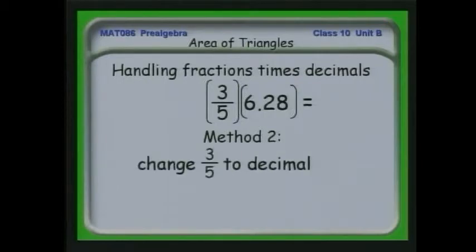The second method is just to change 3/5 or whatever that fraction is to a decimal, and you know how to do that. In this case it's 0.6, and then we can just do a decimal multiplication. And there's no one way to do this. I always do whichever seems easiest at the particular time that I'm doing the problem.